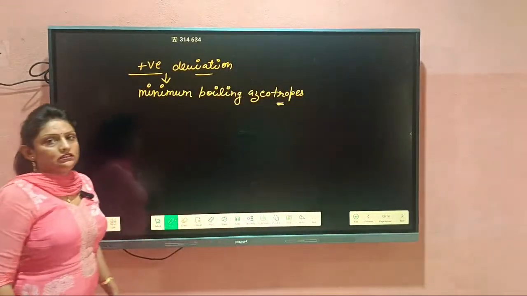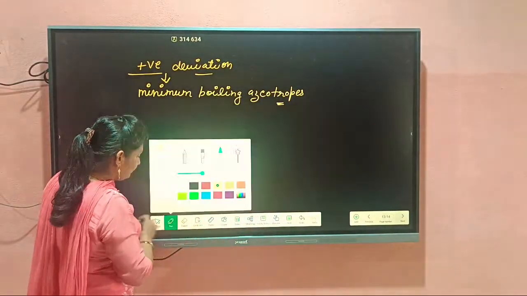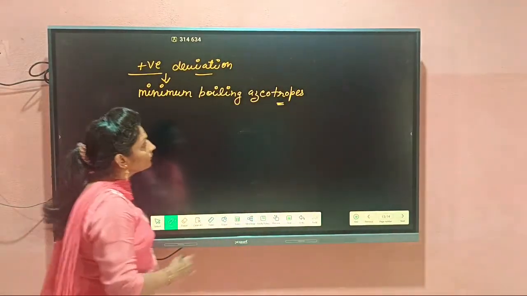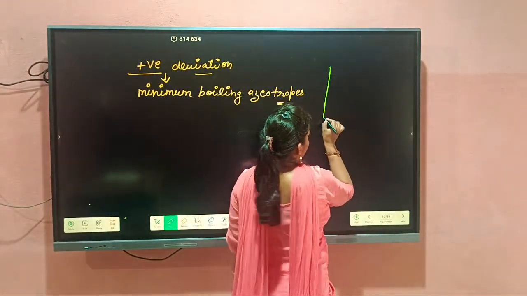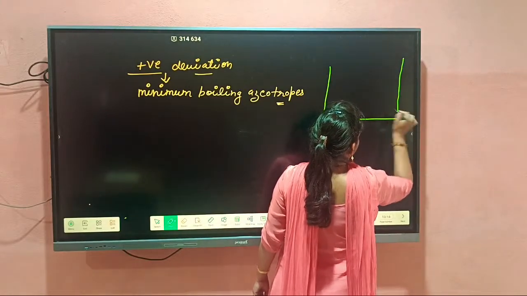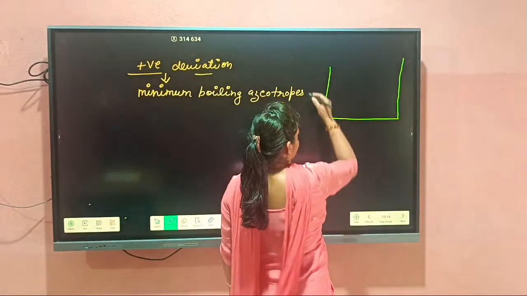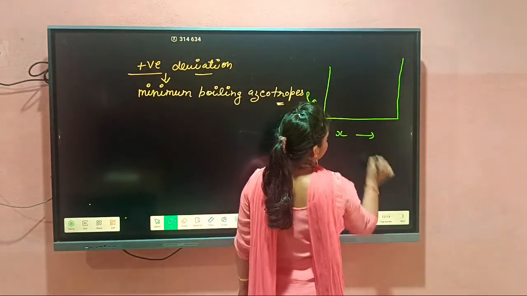What do you mean by this? Students, you know very well, in case of positive deviation, what type of graph you will get if we draw the graph of pressure versus mole fraction.